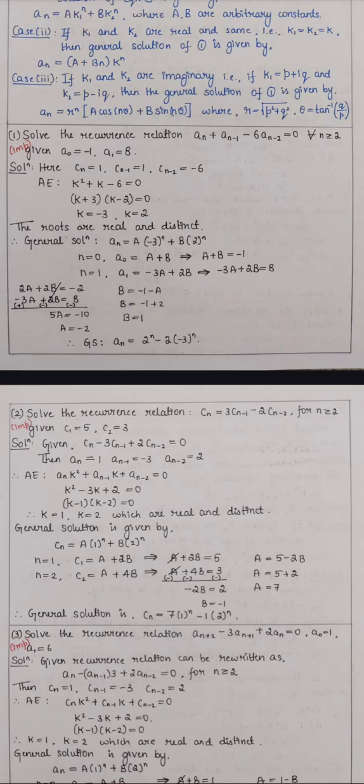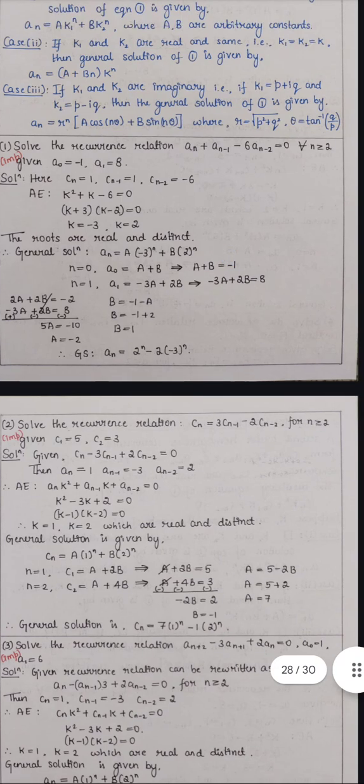So a0 is just a plus b, that is given by minus 1. A plus b is minus 1. Then a1 is minus 3 power 1 a plus 2b, that is equal to 8.